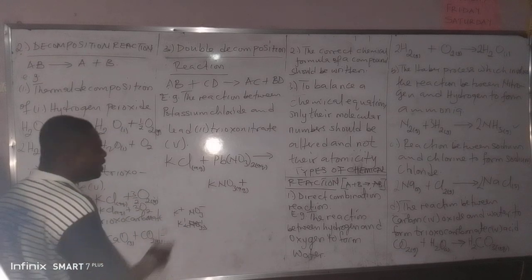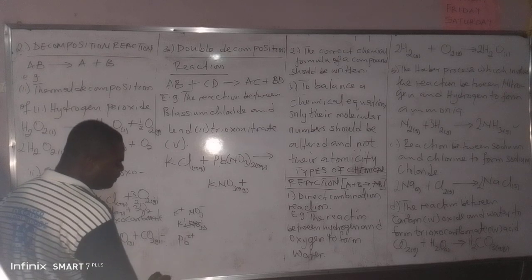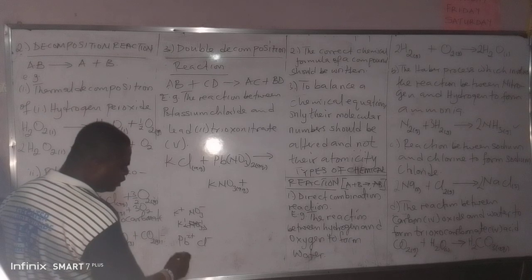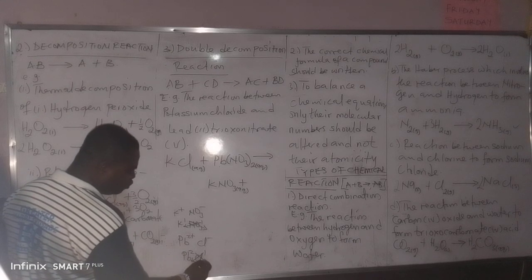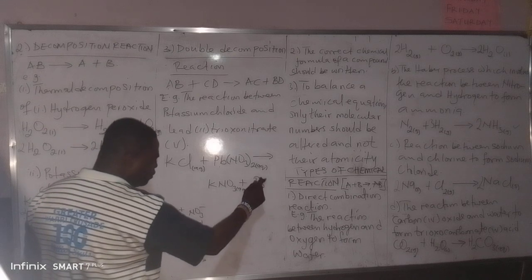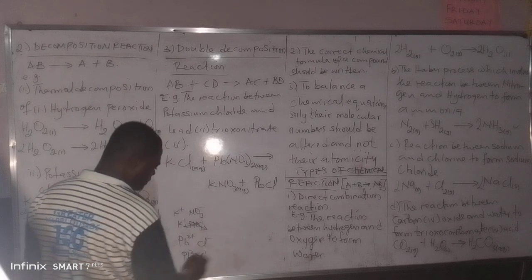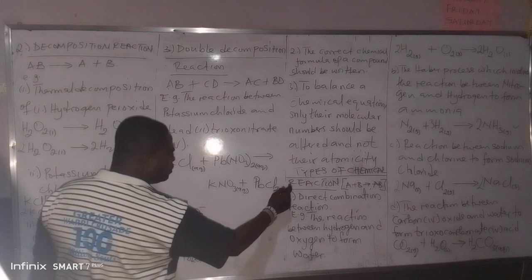Plus, now lead wants to combine with chlorine. Lead 2 ion is Pb2+, while chloride ion is Cl-. So this is Pb2, Cl1. 1 comes here, 2 comes here. So you now have Pb, no need of putting the 1 that is coming down. Then Cl, this 2 is coming down, Cl2. So this is solid.